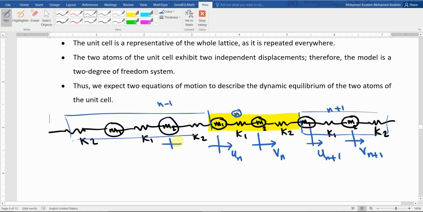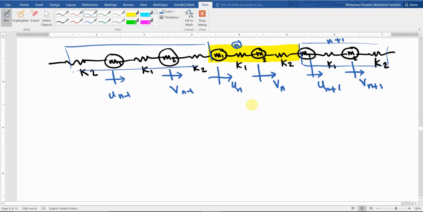Here the displacement should be Vn, because this is for mass 2, right? So this should be Vn minus 1, but here it should be Un minus 1, and so on. Make sense? Here we are interested in investigating the vibration of these two atoms that belong to the same unit cell. That's why this is a two-degree-of-freedom system, because we have two independent unknowns, or independent variables, which are these two displacements.